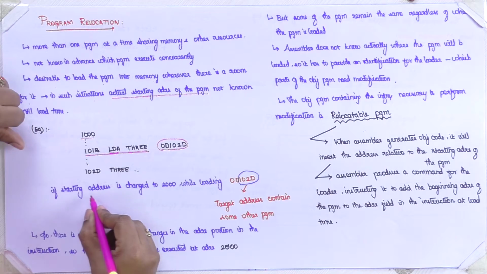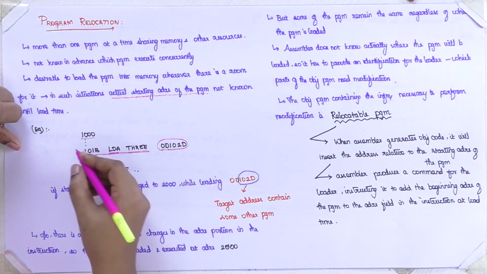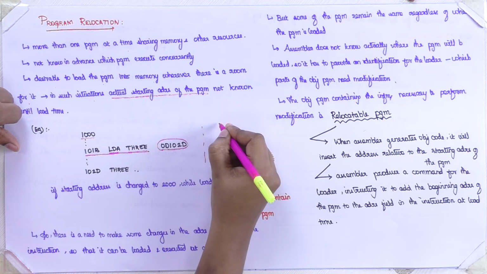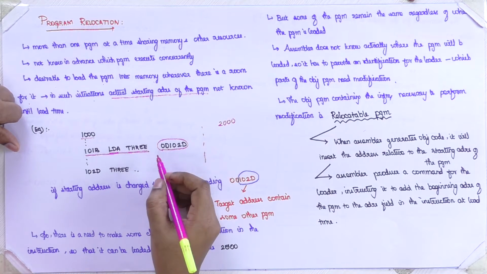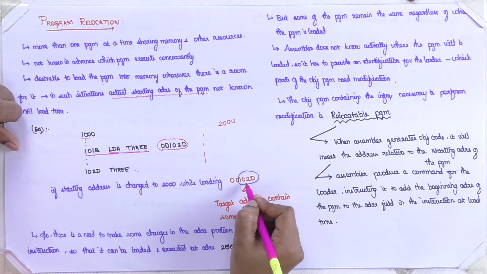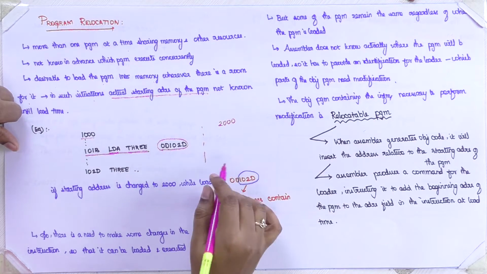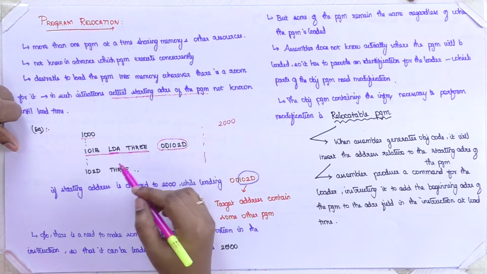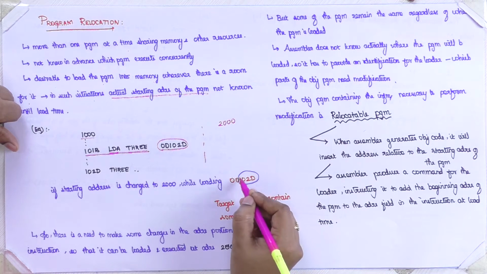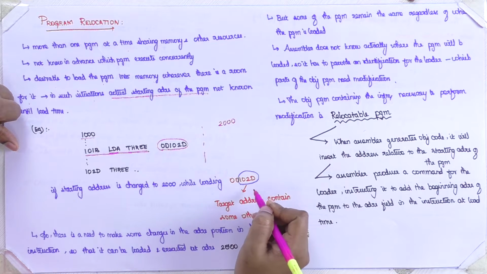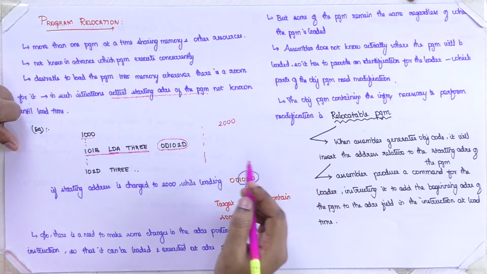Consider if my starting address is changed to 2000. The program will get changed. While loading 00102D, what will get loaded? Because when my starting address is changed to 2000, the target address 102D may contain some other program.